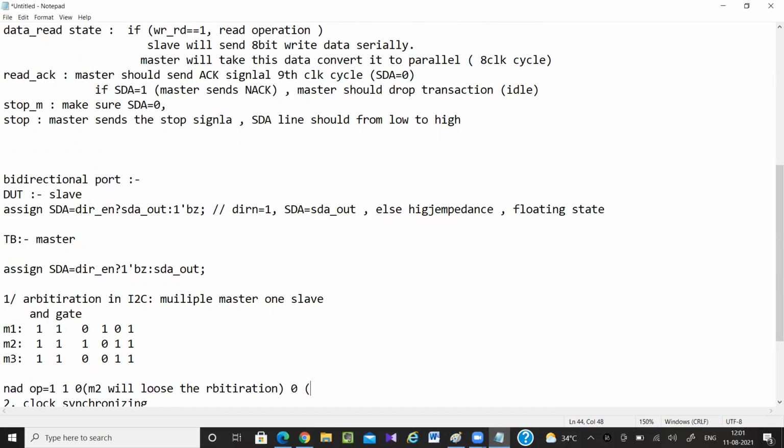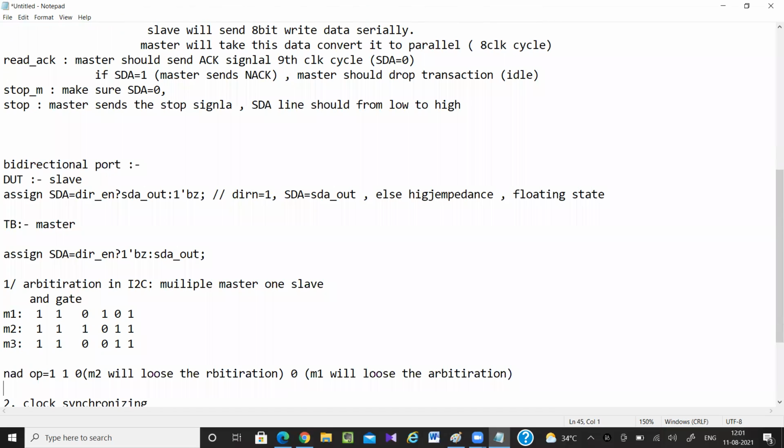So 0 means here M1 will lose the arbitration because M1 is sending 1 but 0 is getting transferred. So the master who sends 1 while the other sends 0 will lose the arbitration. Understood?